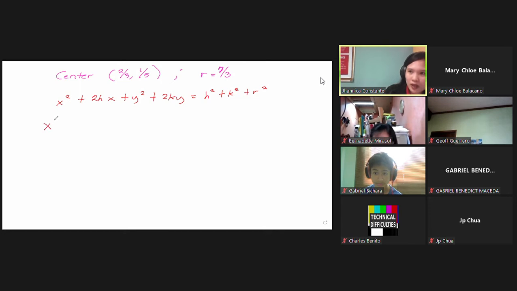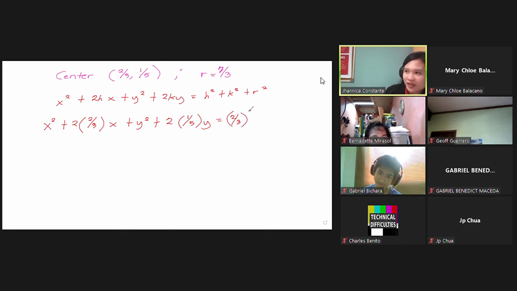So x squared plus 2 times the value of h, which is 2/3, x plus y squared plus 2 times the value of k, which is 1/5, y equals h squared, so 2/3 squared, plus 1/5 squared, plus 7/3 squared.